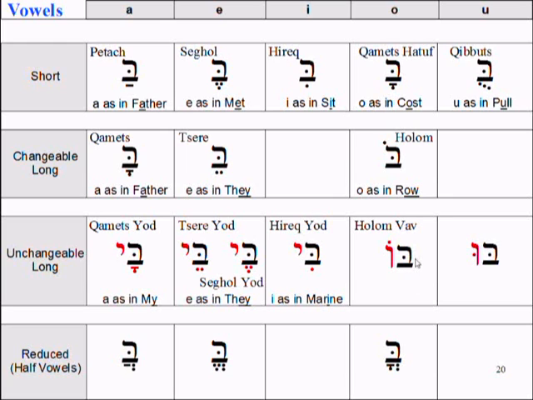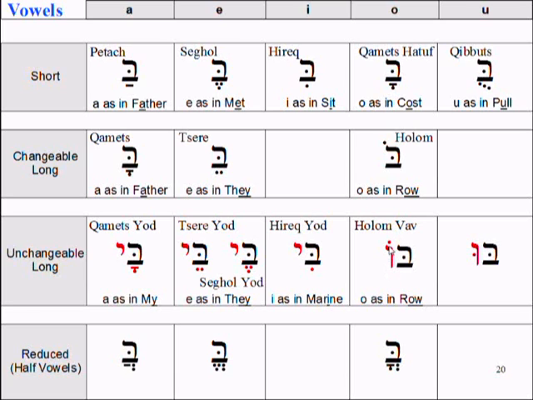Here we have a holum vav, so it's just an o sound, but it's the same. O as in row, but it's above a vav. So this doesn't say bavo or bov. It actually just says bo. The vav is being used, it changes from a v sound to an o sound.